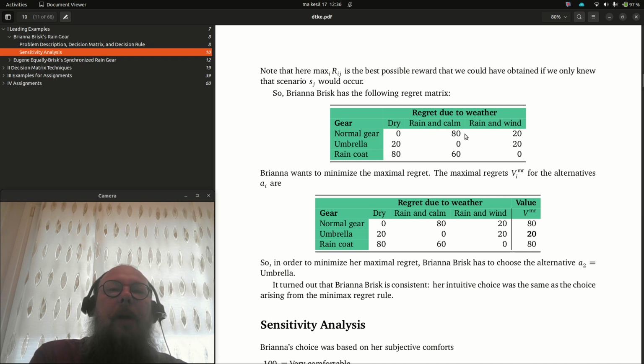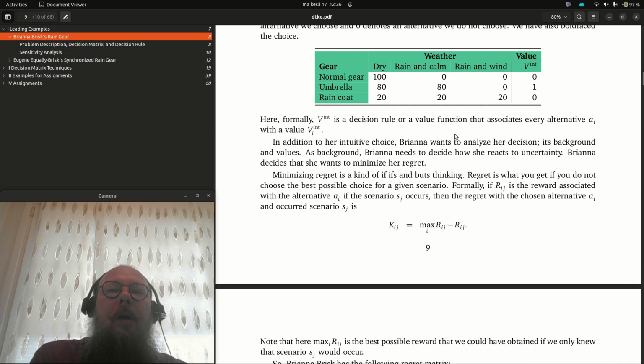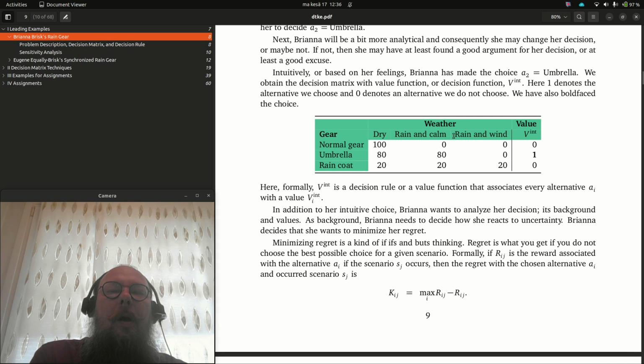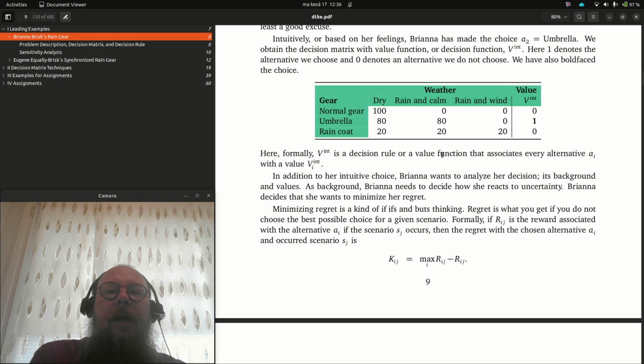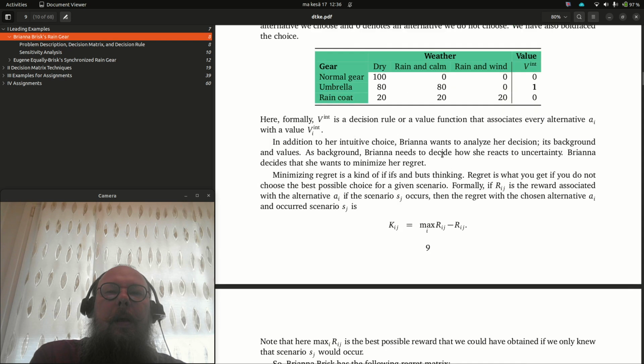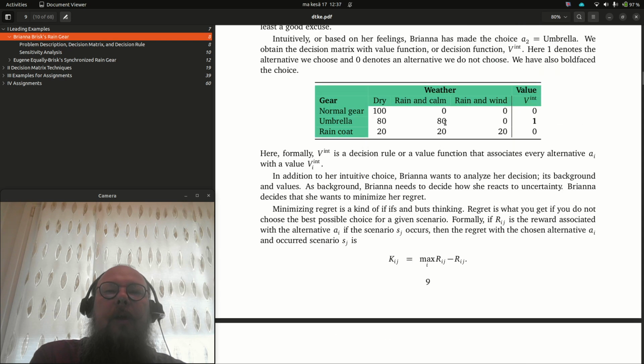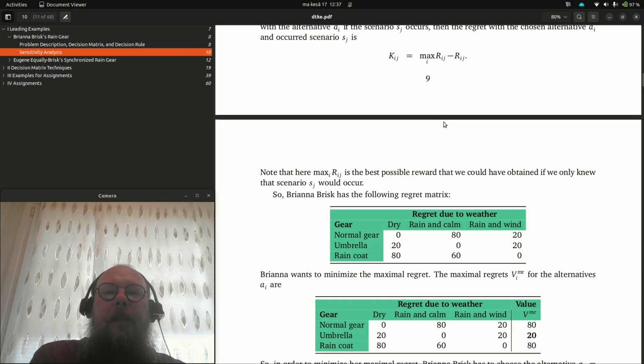But normal gear and rain and calm, this is 80 because we get reward 0, but we should have chosen umbrella, then that's 80. So 0 minus 80. Sorry, 80 minus 0, so this is the maximal, and this is what we get, that's 80.